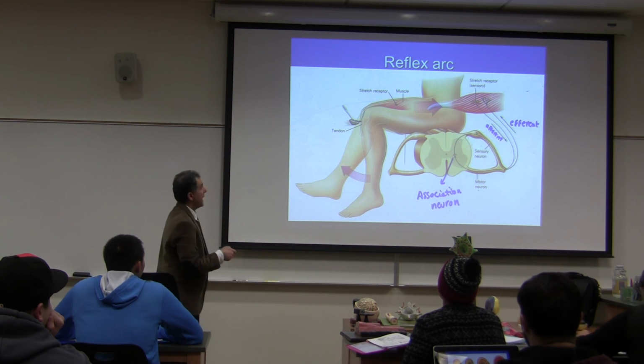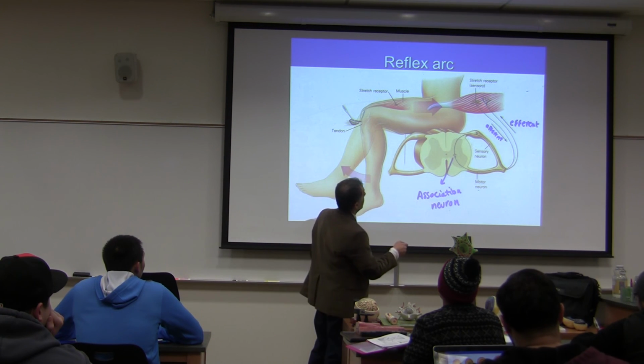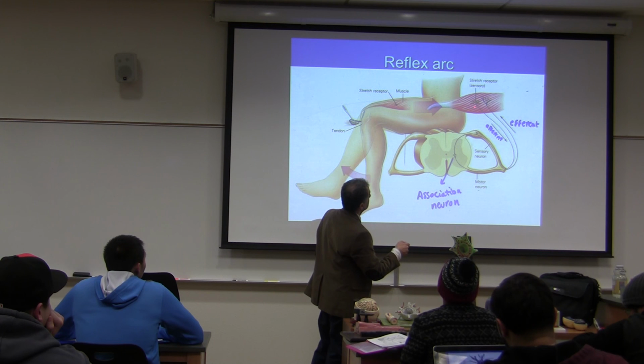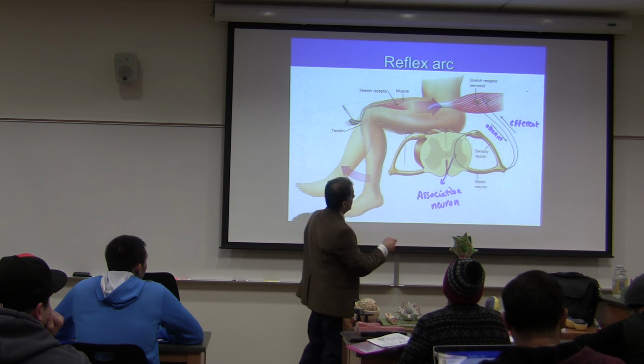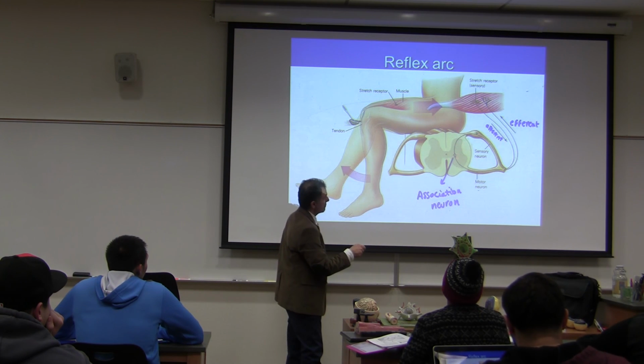Okay, what happens? There is a neuron right here. It's called the afferent neuron. It goes from the sense of touch to the spinal cord. There is another neuron in the spinal cord. It's called the association neuron.